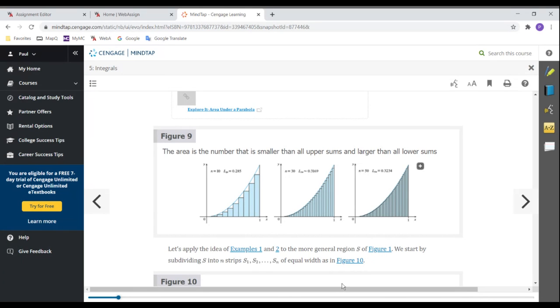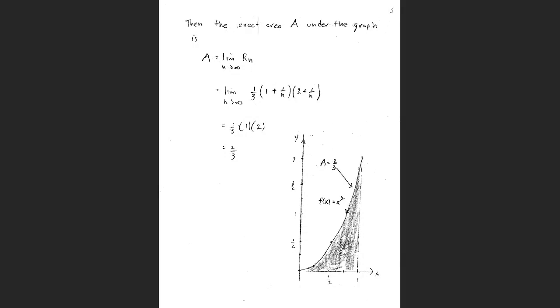So there's no question that adding up the areas, letting n go to infinity, taking more and more subintervals, the area under the graph will be exactly equal to that limit.